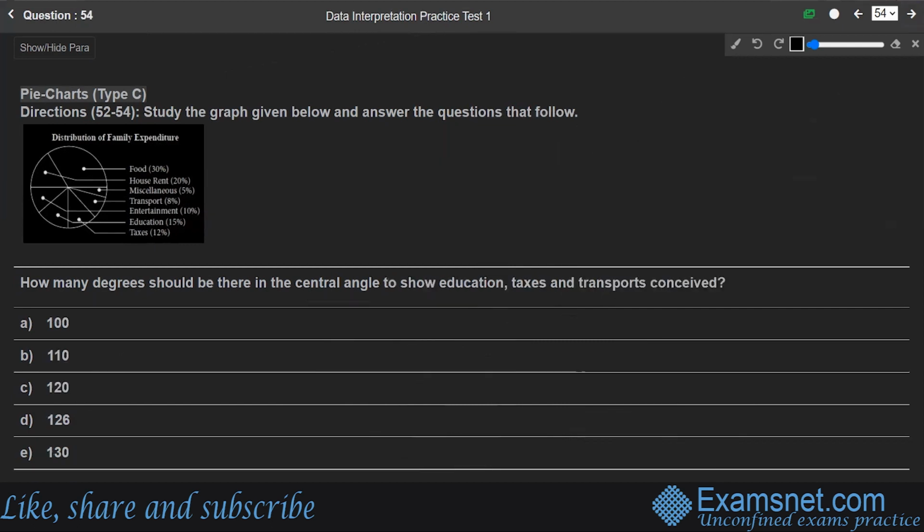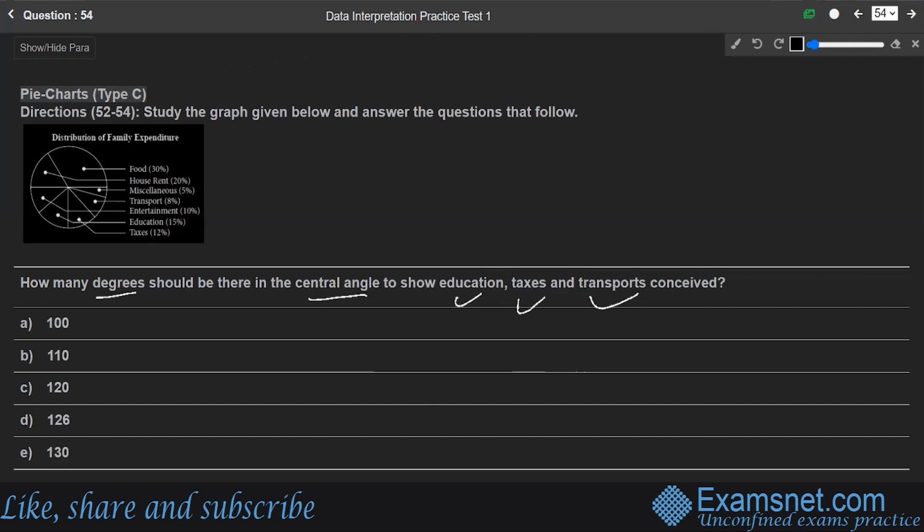Now, for the same pie chart, we have to solve a different question. How many degrees should be there in the central angle to show education, taxes, and transport? Again, we refer to the formula: central angle of any component divided by total 360 is equal to the value of the component divided by the total value.